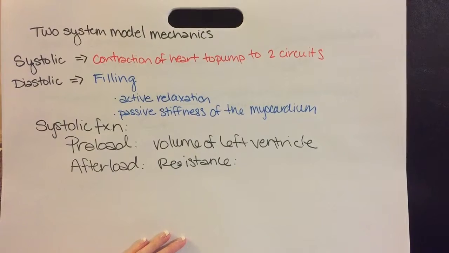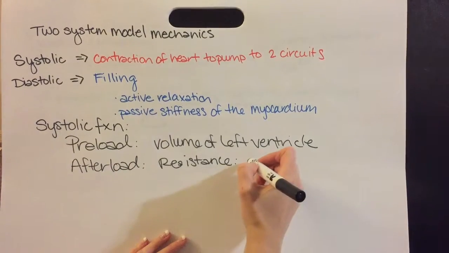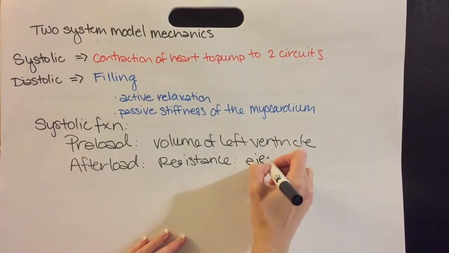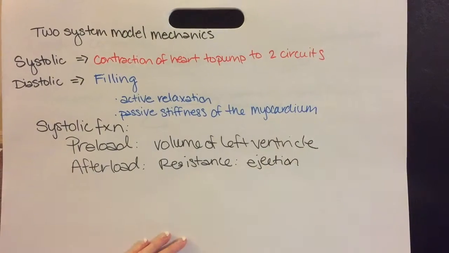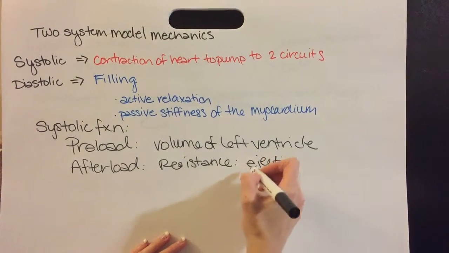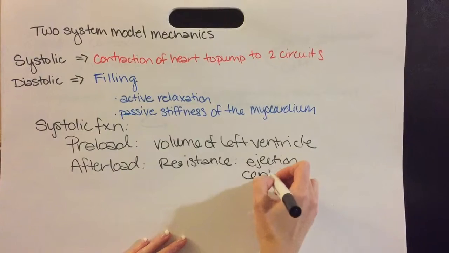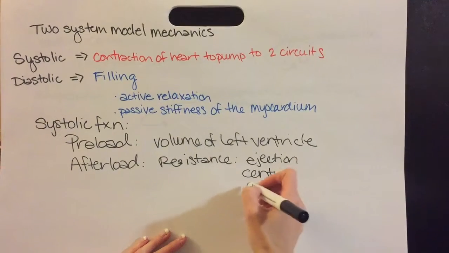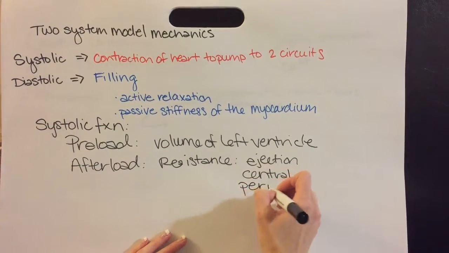So our resistance components are the force required to eject, the central vasculature resistance, and the peripheral microvasculature.